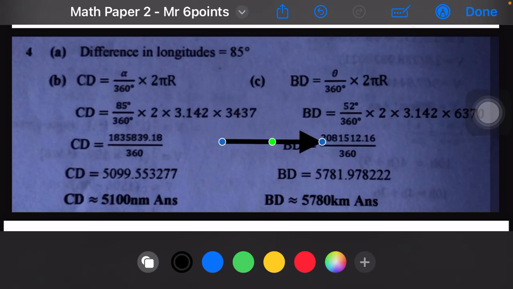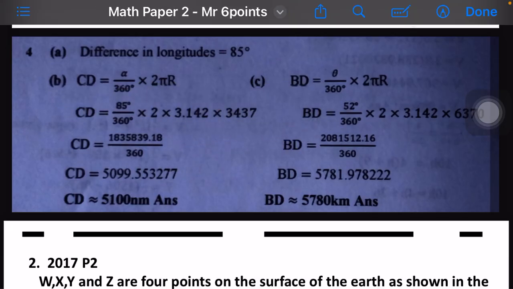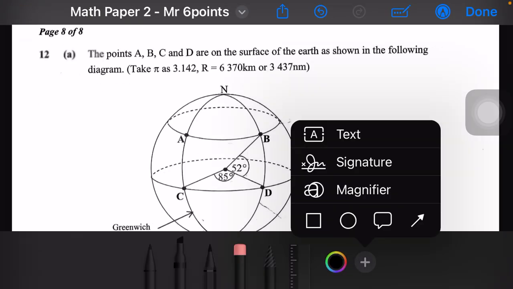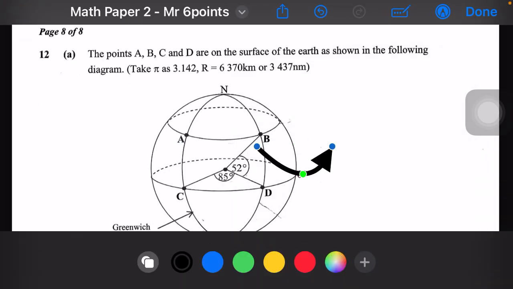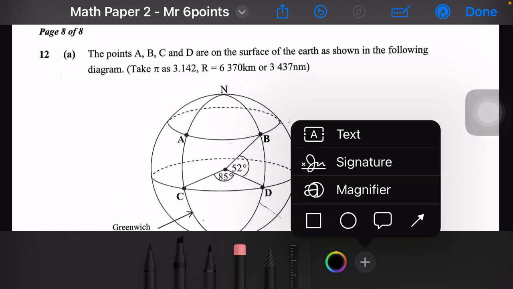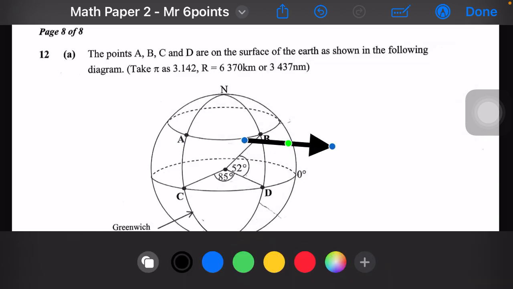Same applies here. Now, why didn't we use the 85 degrees also here? If you look at the diagram, let me just show you the diagram. Here it is. The distance between B and D. Why have we taken this angle?